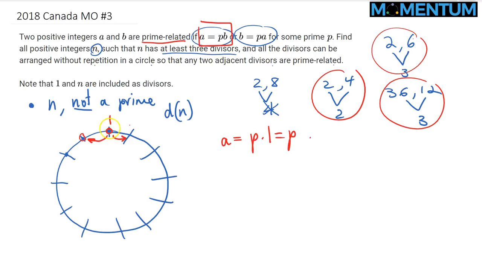So the 2 neighbors of 1 better be primes. And if you have 2 primes, obviously 2 distinct primes, because you cannot repeat, then the number itself has to have at least 2 primes in it.